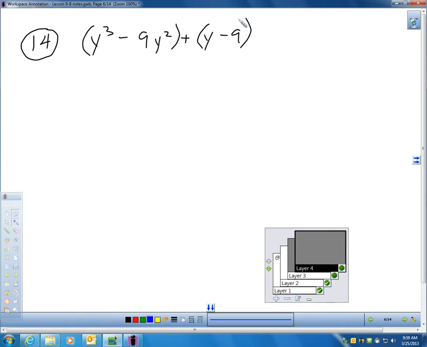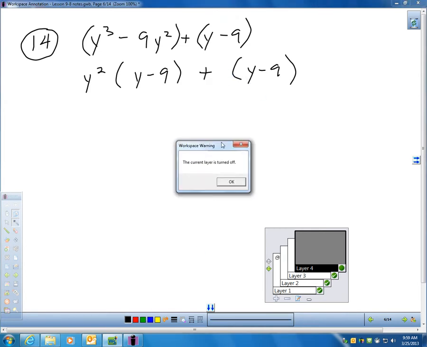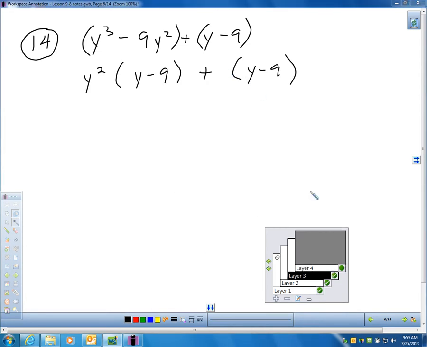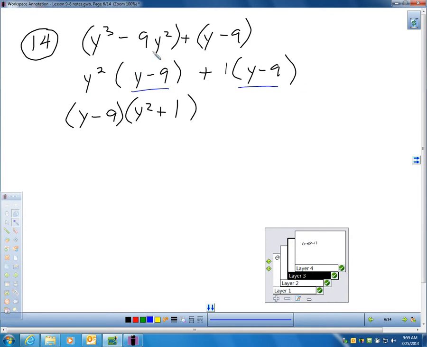And here I didn't have anything in common to factor out, so I'll just put a 1 out front. And now if I get out my blue pen, do you notice how both of these expressions have a y minus 9 binomial I can factor out? So I'll factor out the y minus 9, and I'm left with y squared plus 1. I just factored number 14.